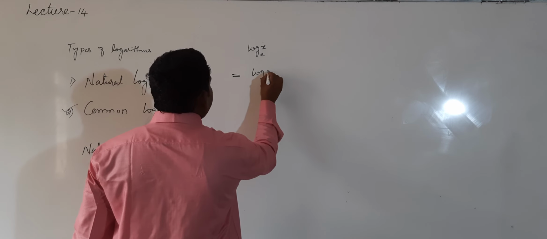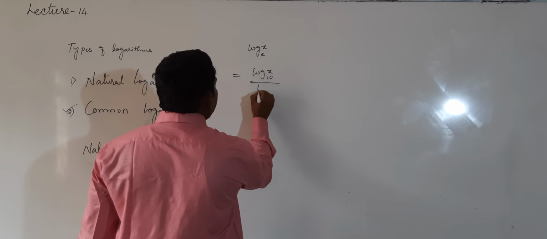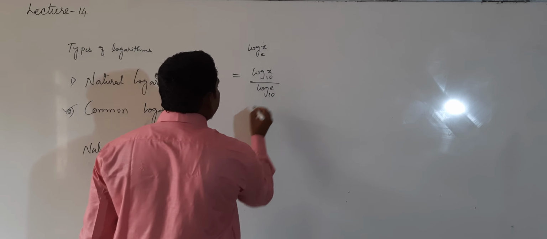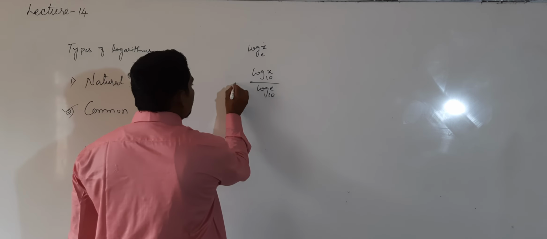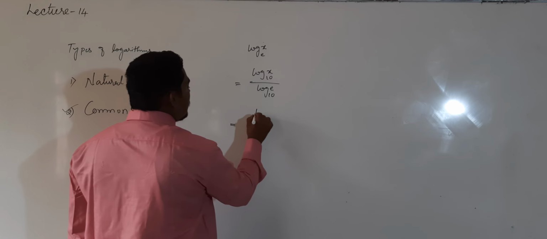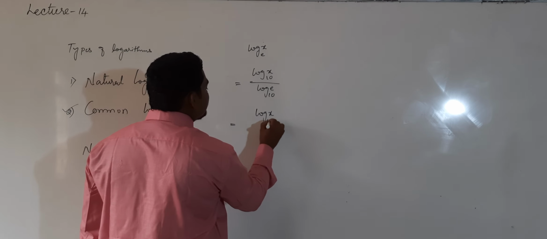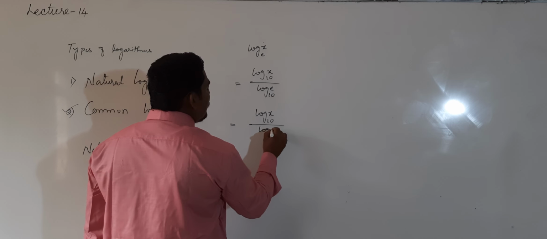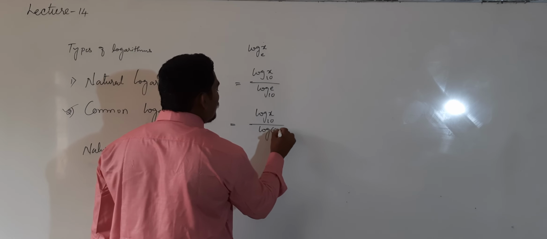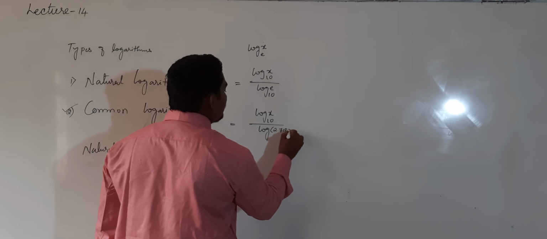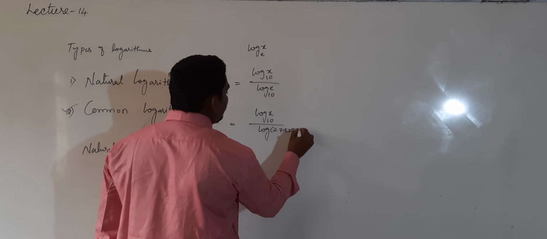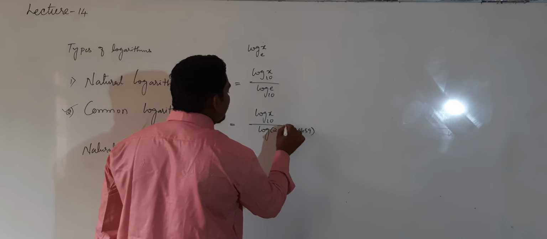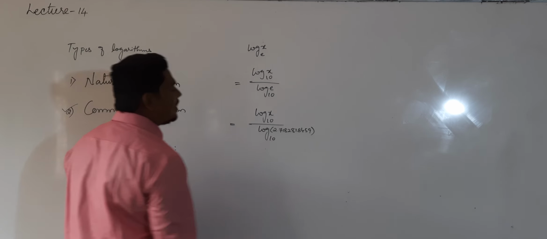Log x to the base 10 divided by log e to the base 10. After that, log x to the base 10 divided by log of e value, 2.7182818459 approximately, to the base 10.